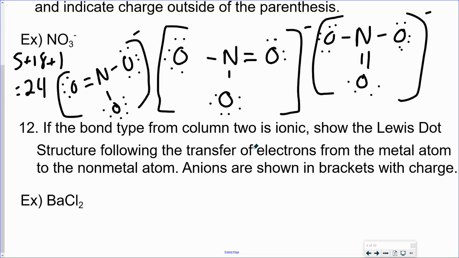I don't need to see the transferring of the electrons. I'm looking for the final drawing. So we want to show, I'm going to show it all because I think, at least to begin with, it will help you guys.